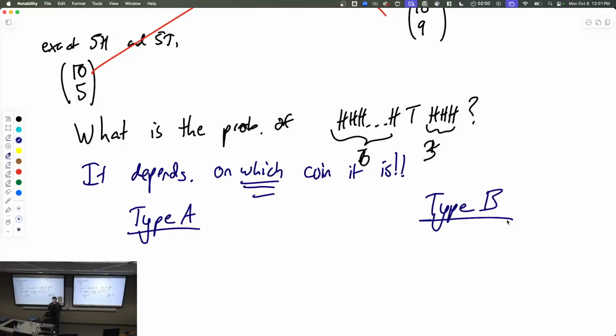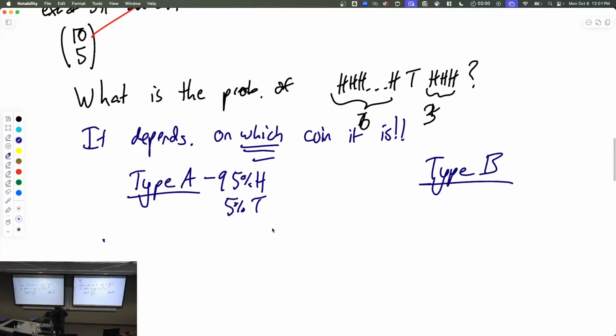What's going on? Yeah. What, type A? Type A was the 95% coin, right? Yeah, so 0.95 to the power 9.